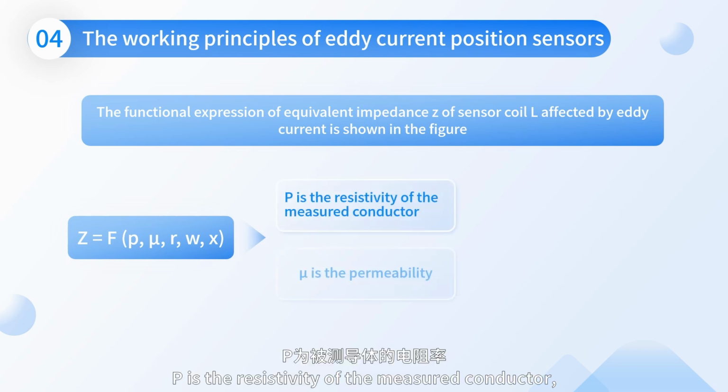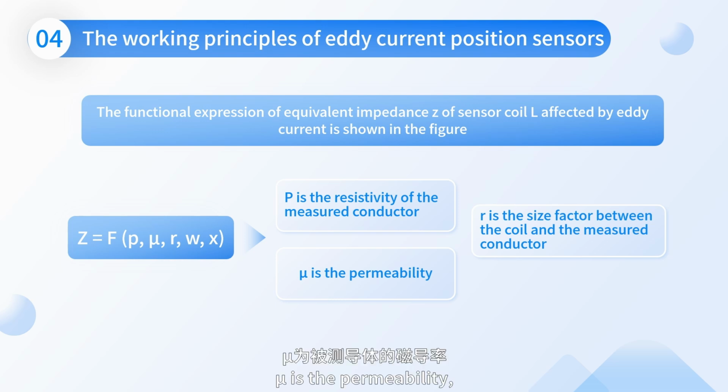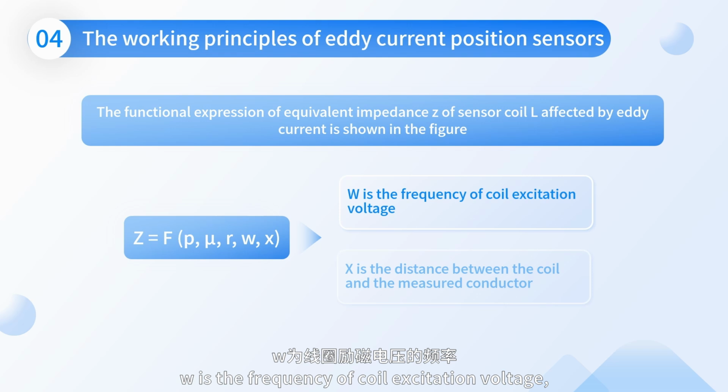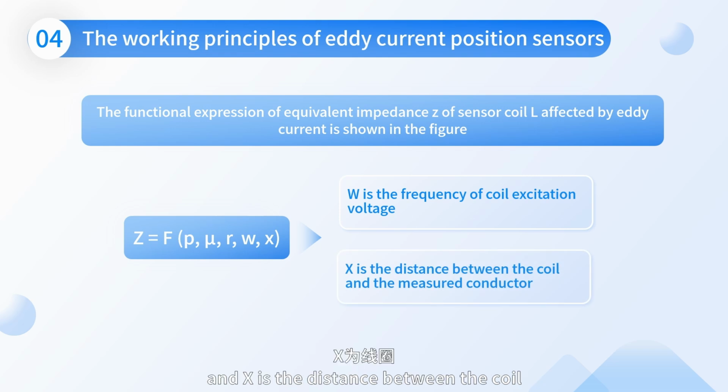P is the resistivity of the measured conductor, mu is the permeability, R is the size factor between the coil and the measured conductor, W is the frequency of coil excitation voltage, and X is the distance between the coil and the measured conductor.